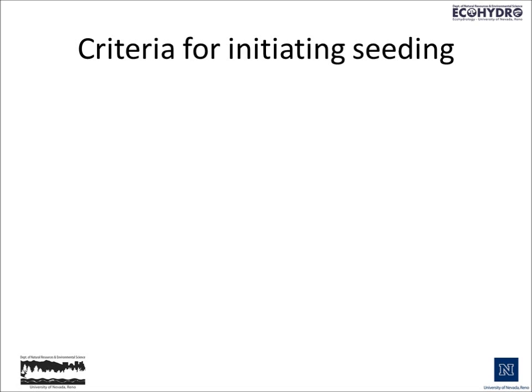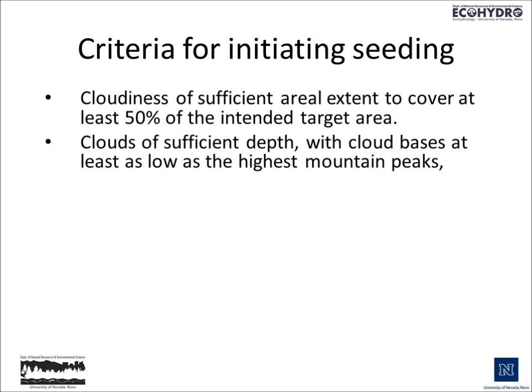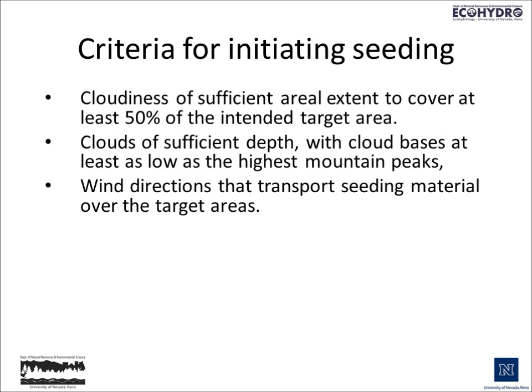So there are certain criteria for initiating seeding. First of all, we have to have cloudiness of sufficient areal extent to cover at least 50% of the intended target area. We have to have clouds of sufficient depth with cloud bases at least as low as the highest mountain peaks. We need the winds to be blowing in a direction that will transport the seeded material over the target areas.